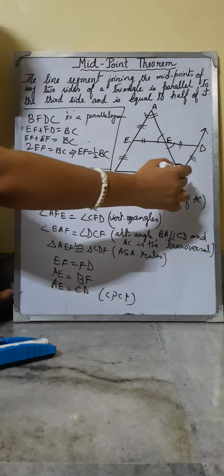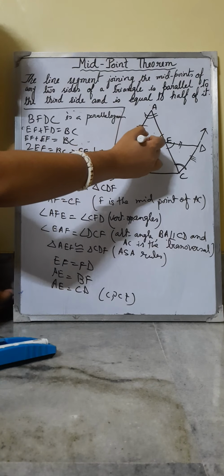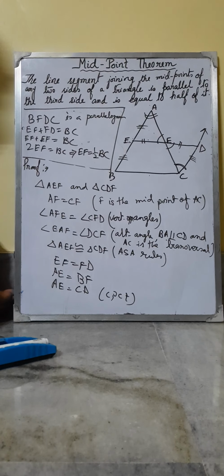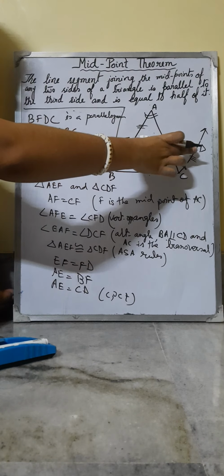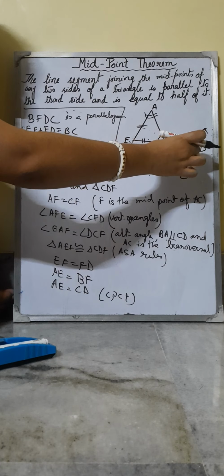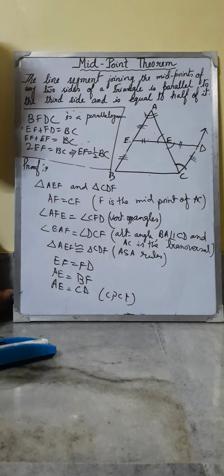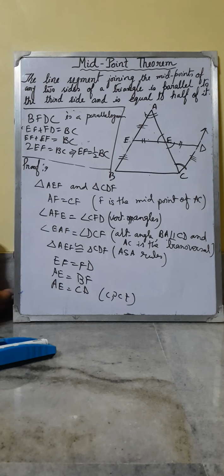So in the parallelogram this side equals to this side and is parallel, so BC equals to ED, and ED means EF plus FD, and EF equals to FD because the congruence of these triangles is already proved. So EF equals to half of BC. This is the midpoint theorem.